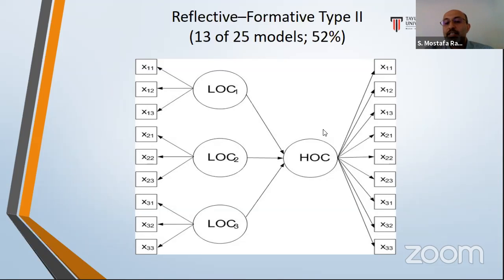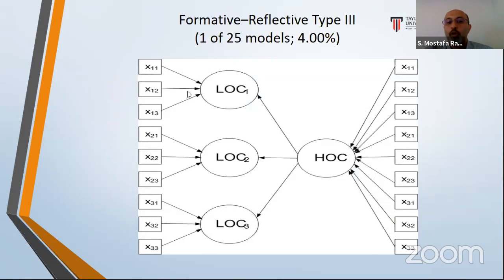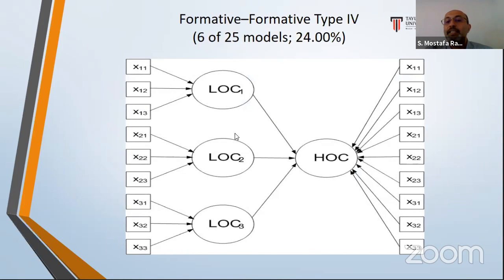So regardless of the reflective or formative nature of the second level, we repeat indicators on the higher order in a reflective way, consistent with the dimensions. And for formative, we repeat indicators in mode B, or formative way.